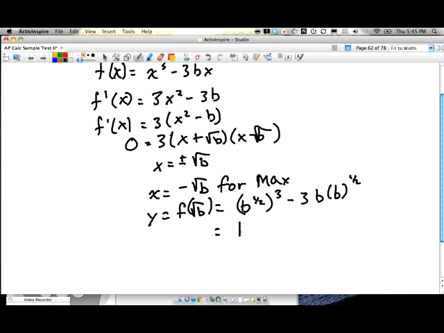We got b to the 3/2 minus 3b to the 3/2. I can actually combine those because it has the same base and the same power. So it's like 1 minus 3. It's going to be negative 2b to the 3/2.